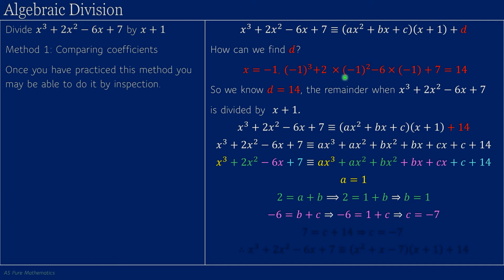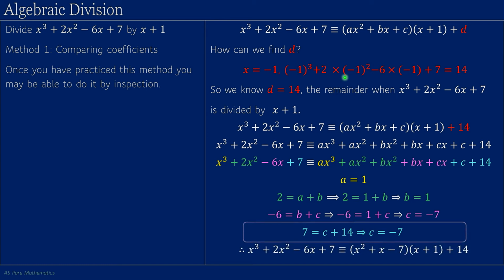And then we have 7 is equal to C plus 14, so C needs to equal -7. So we can work out those terms as we go, and therefore we end up with that expression there. So it's written as x squared plus x minus 7, times x plus 1, plus 14, because that was our remainder.